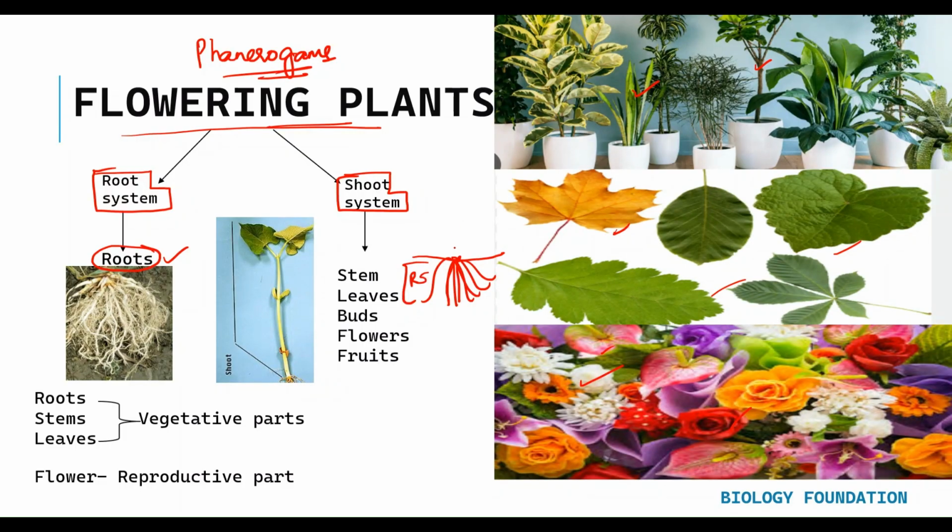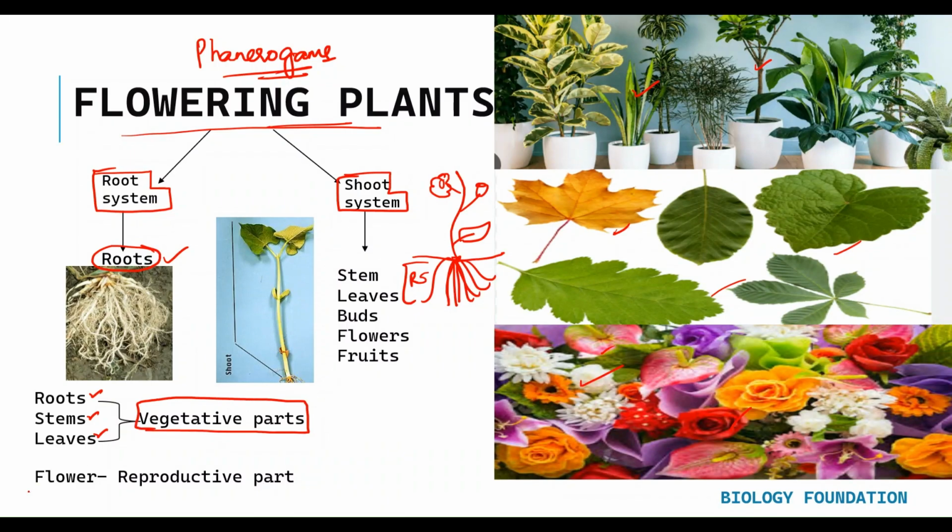Now, what is shoot system? The plant which is present above the soil, right? Your stem, leaves, buds, flower, okay, fruits, all this come under shoot system. Okay, now basically roots, stems, leaves, they form the vegetative parts of a plant.